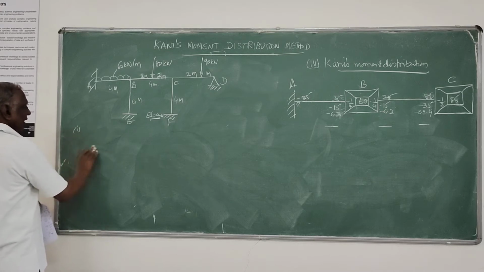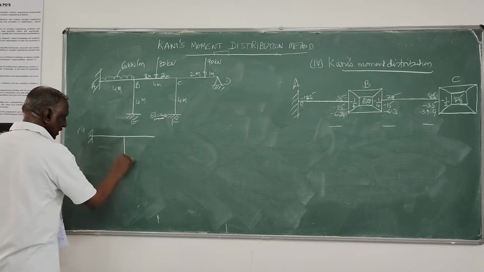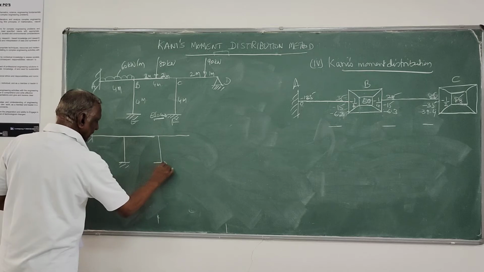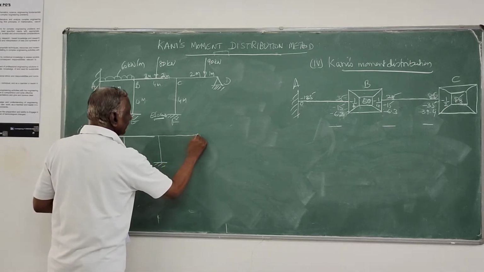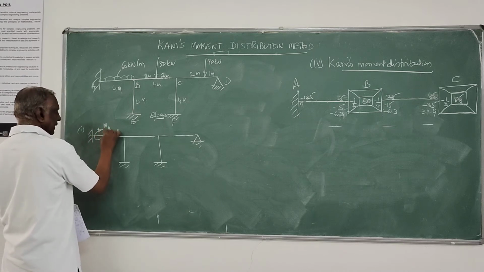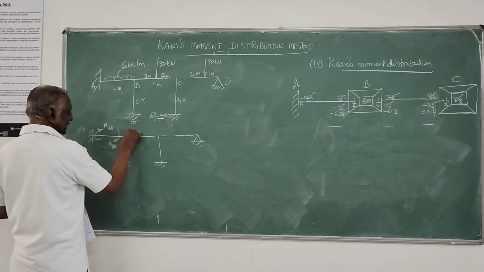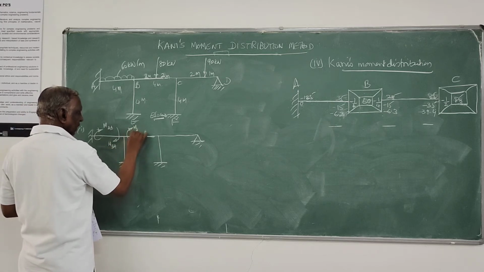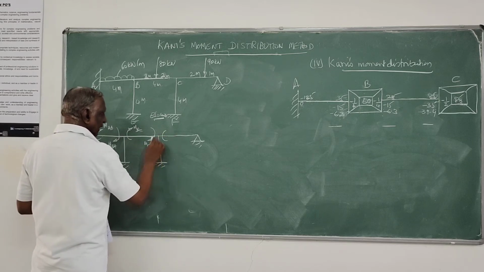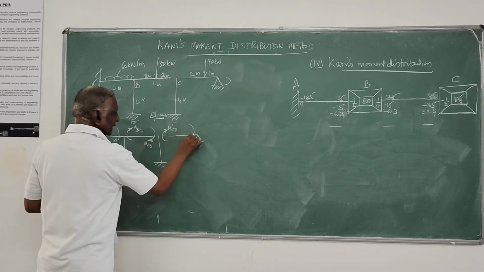So as usual, the first step you have to identify what all the things you have to determine during analysis. That is the member end forces. This is MAB, MBA, all in clockwise direction, local coordinate, clockwise direction, MBC, MCB, MCD, MDC.